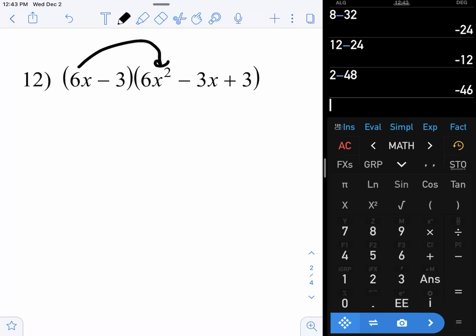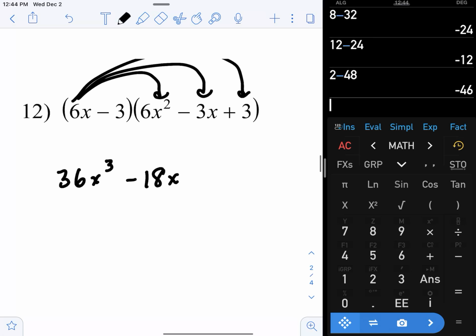Six x times 6x squared, 36x to the third. 6x times negative 3x. Oh, this one is squared. 6x times negative 3x is negative 18x squared. 6x times 3, 18x.